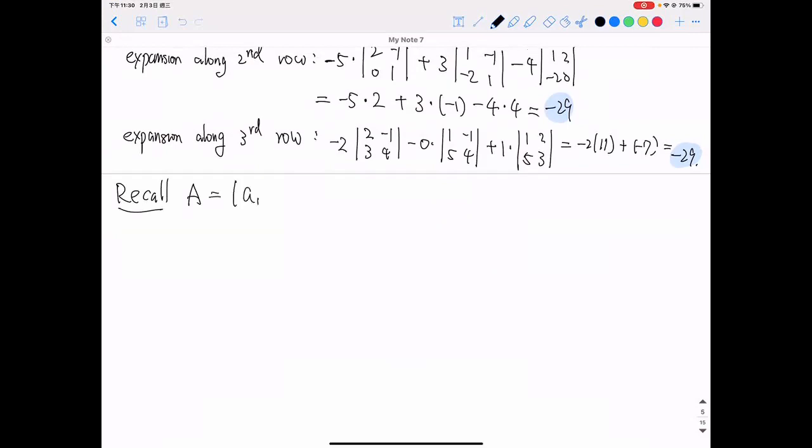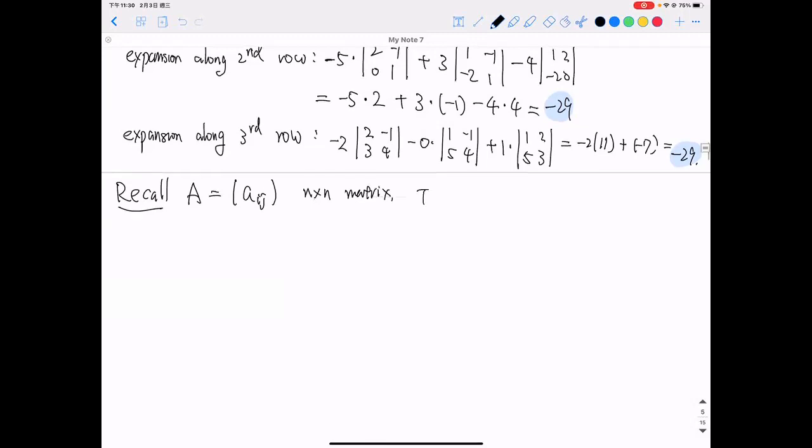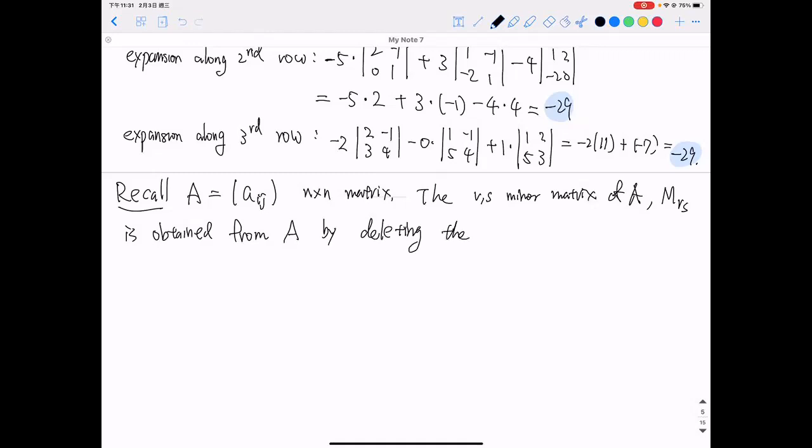A is a square matrix with entries Aij, an n by n matrix A. The rs minor matrix of A, denoted by Mrs, is obtained from A by deleting the rth row and the sth column.